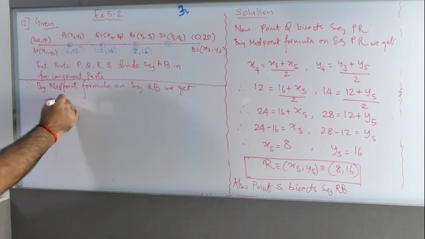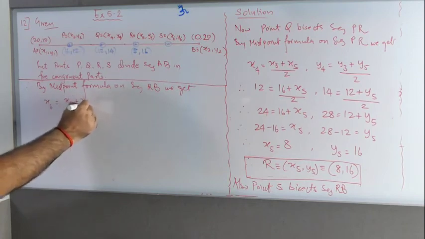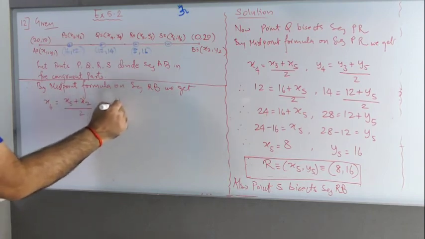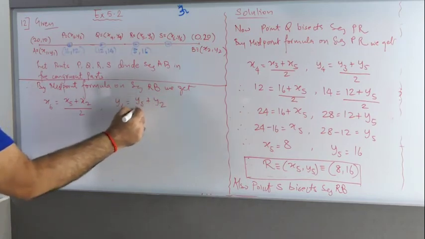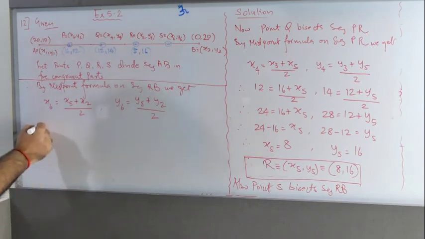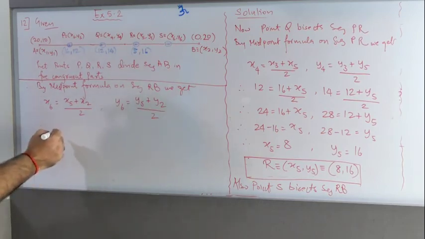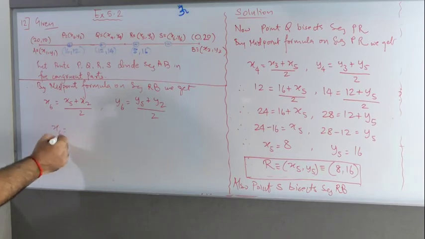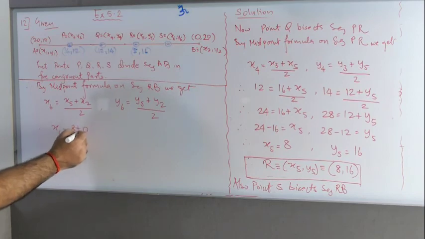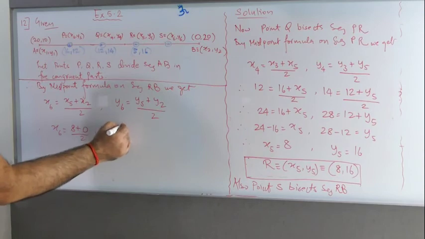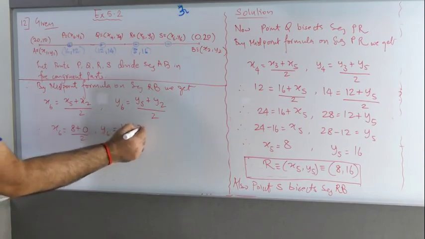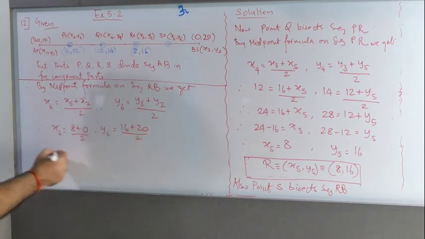x6 is equal to (x5 plus x2) upon 2, and y6 is equal to (y5 plus y2) upon 2. So, what is x6? We don't know. What is x5? 8. What is x2? 0, upon 2. What is y6? y5 is 16, y2 is 20, upon 2. So, what is x6? 4.